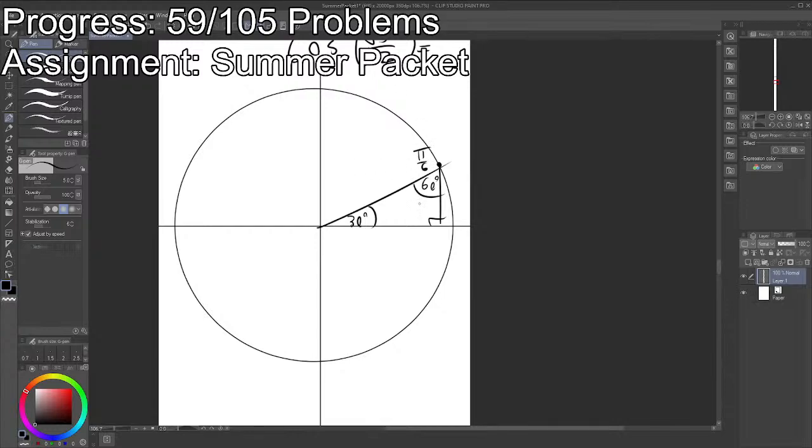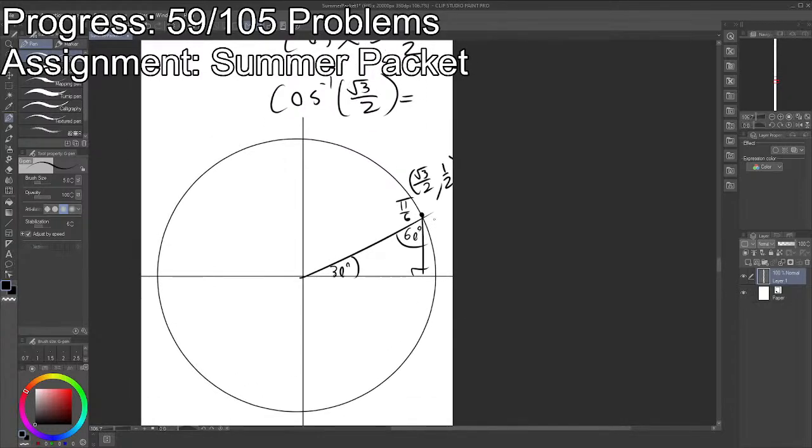So this would be pi over 6, and the point is square root of 3 over 2, and a half. And this is cos, which means cos is x.